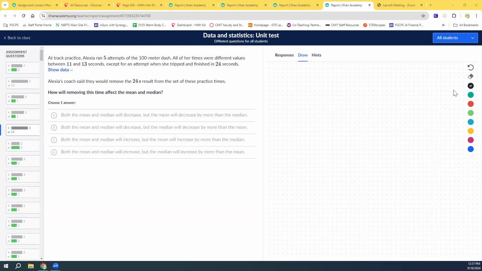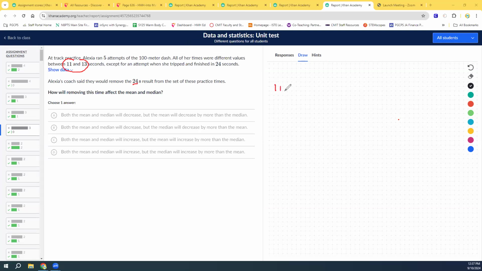How would removing this time affect the mean and median? So I did talk about this last week too. This 24 seconds is an outlier because everything is between 11 and 13.